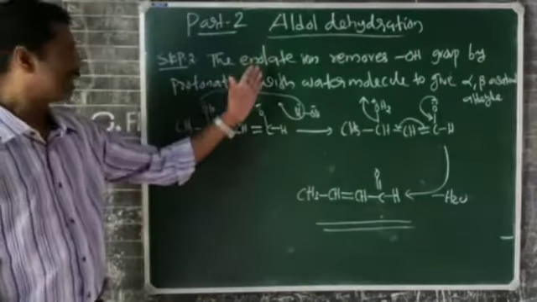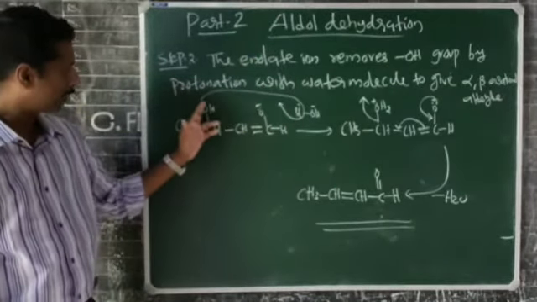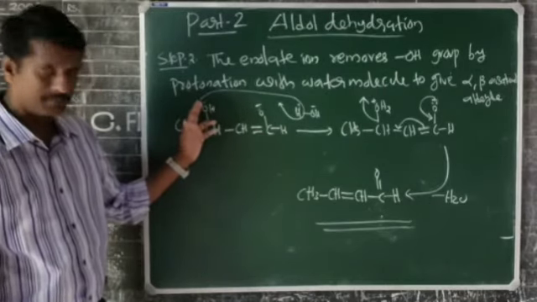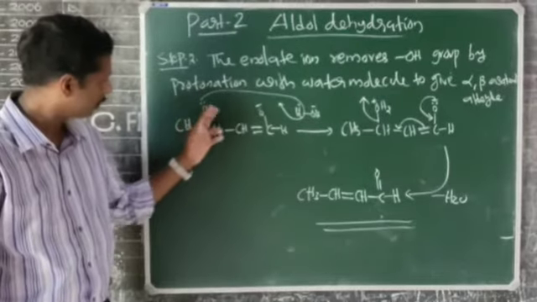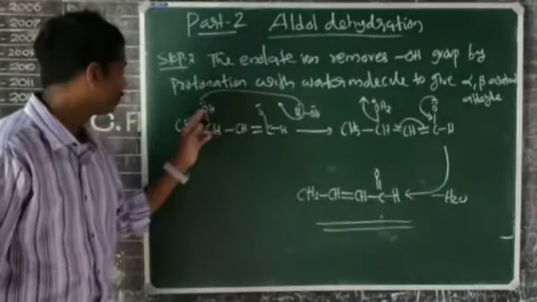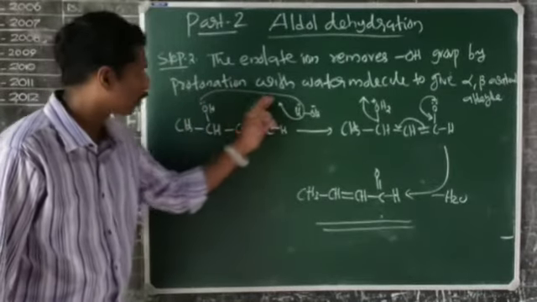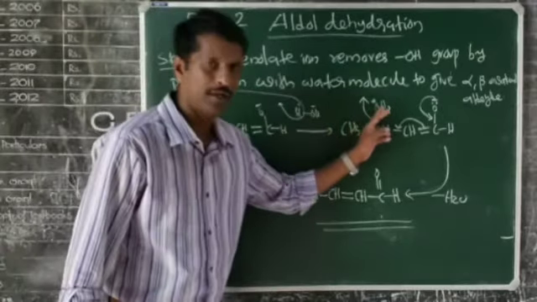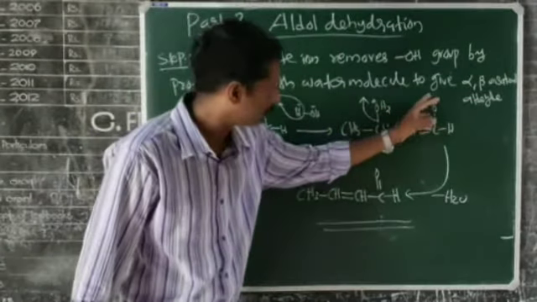So, in the second step, you can see that in the enolate ion, the OH group is removed in the form of a water molecule. How is this OH group removed? First, the OH group is protonated. A proton is taken by the OH, then it will change into OH2. Then you can see that this pair of electrons is coming back.